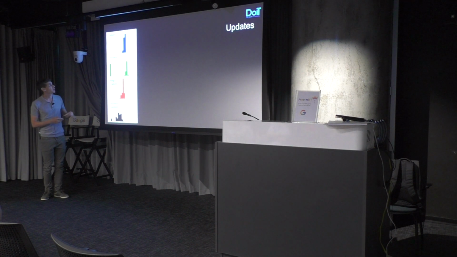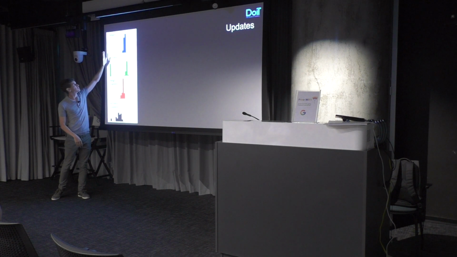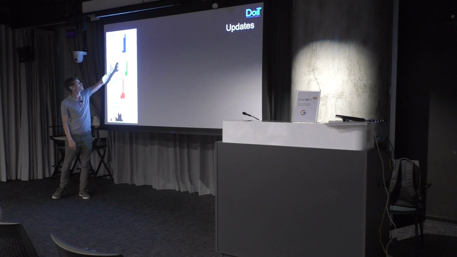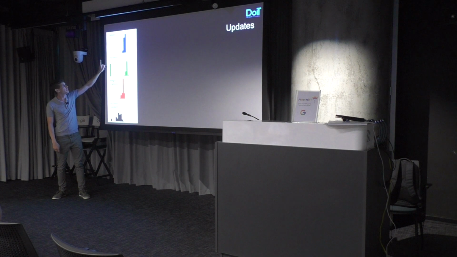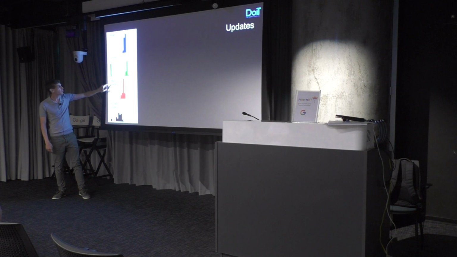So this is what they found out. For the weights, this distribution. For the activations, they got this distribution, the weight gradients is this one, and the activation gradient is this one.